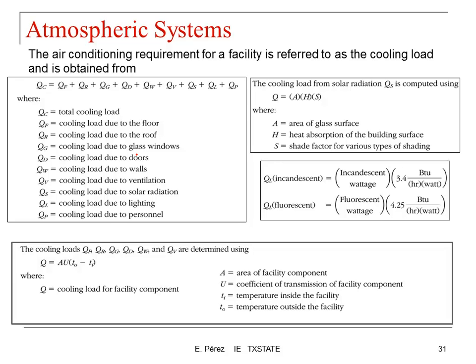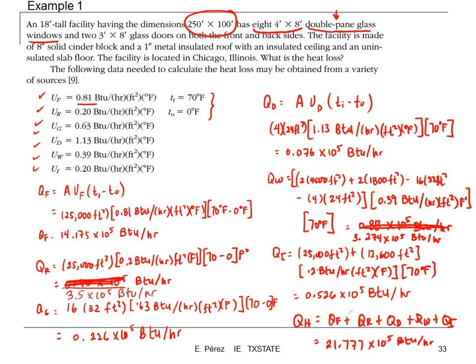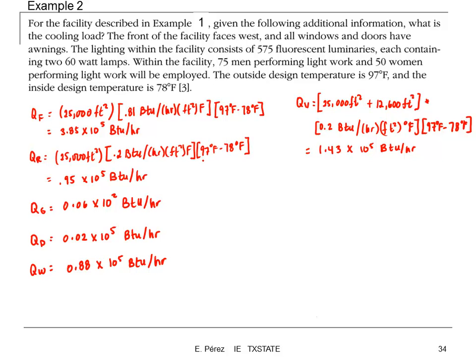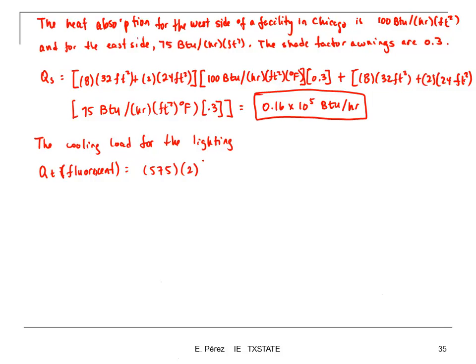So for this problem, this should actually be QL. We have 575 lights that contain 2 light bulbs, containing 2 60-watt lamps. So that's why we have 575 times 2, and there are 60 watts per lamp. So that's the information we need for this portion.